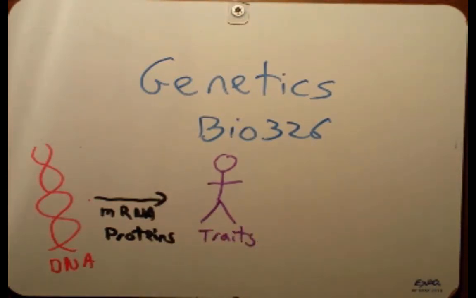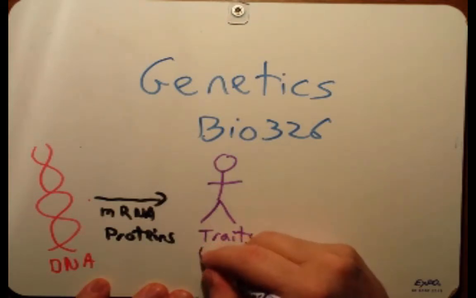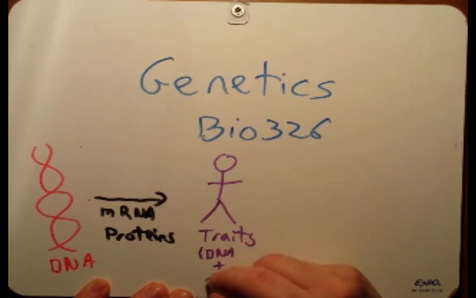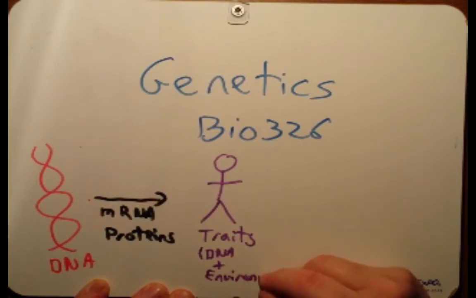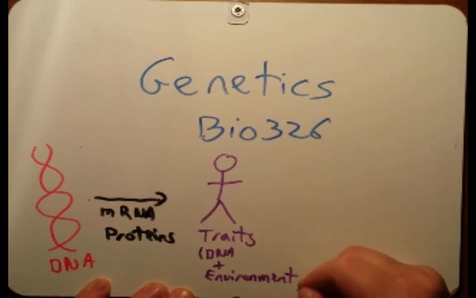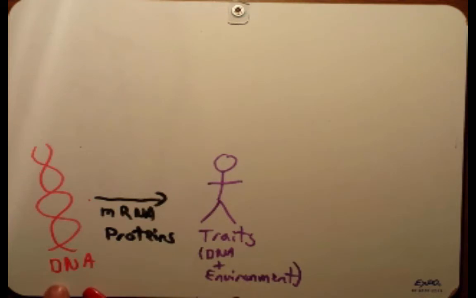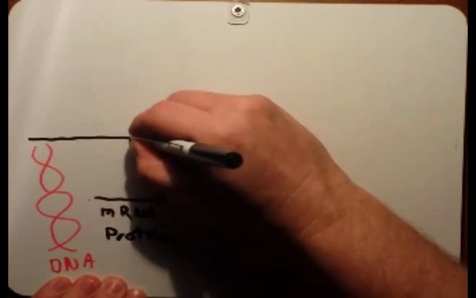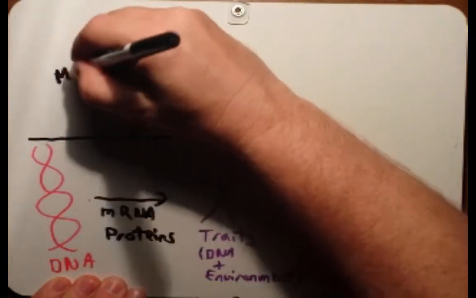And these traits, I'll repeat it real quick, are the result of the DNA plus the environment. Now this process of going from DNA to traits, we can lump into one large category, which we'll call molecular genetics.